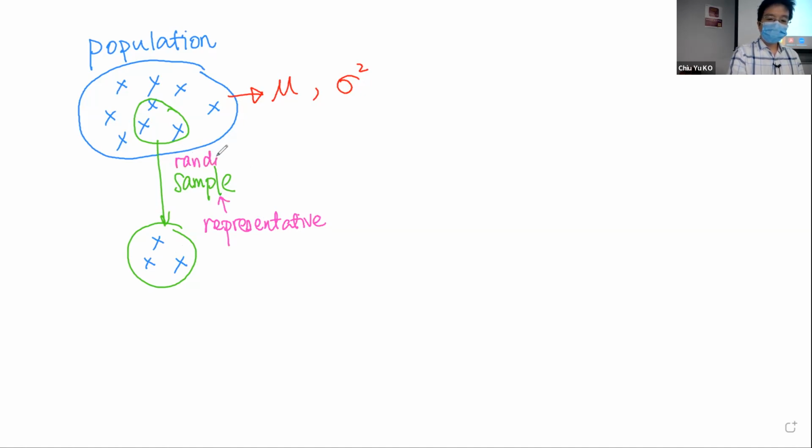If it is a random sample, it will be representative. Once we get this representative sample, we want to use this small thing to look at the big thing, just like looking at the big picture from the small picture.